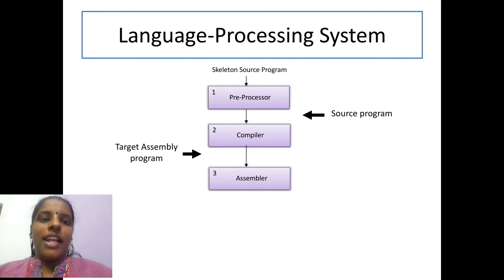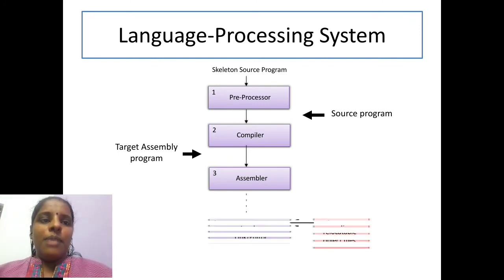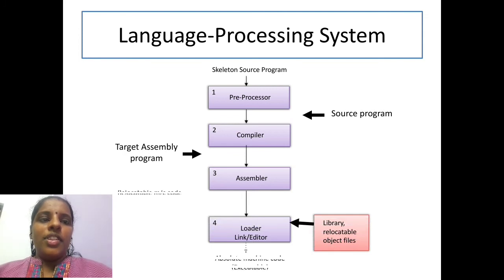The assembler then reads the assembly program and produces a relocatable machine code. Relocatable machine codes are again read by the loaders or link editors. The function of the link editor is to link the additional files or modules required to run a program, and the loader loads these relocatable machine codes into the main memory to convert them into an absolute machine code.